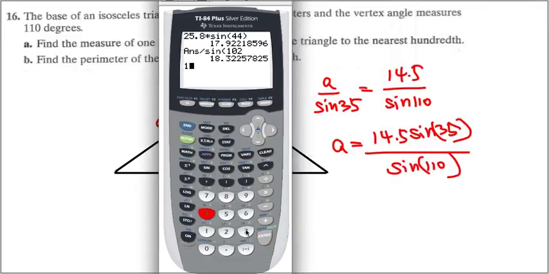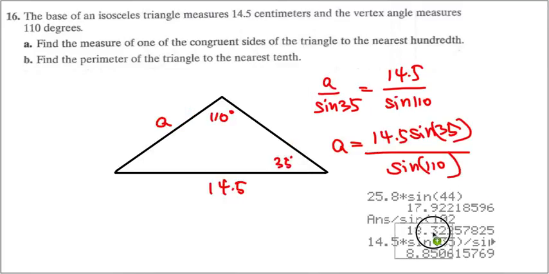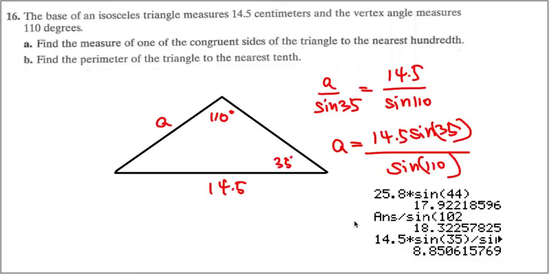14.5 times sine of 35 divided by sine of 110. So the length of one side becomes 8.9. Same for the other side.